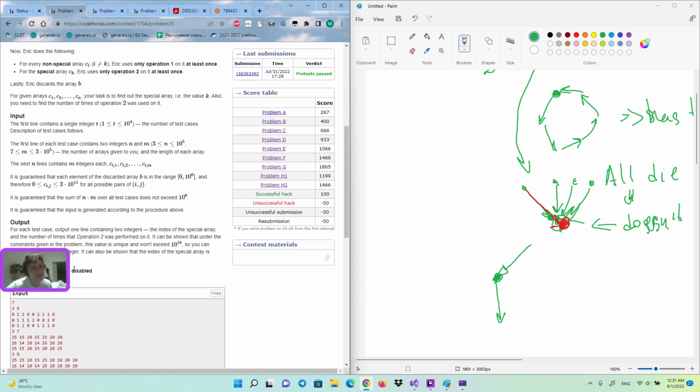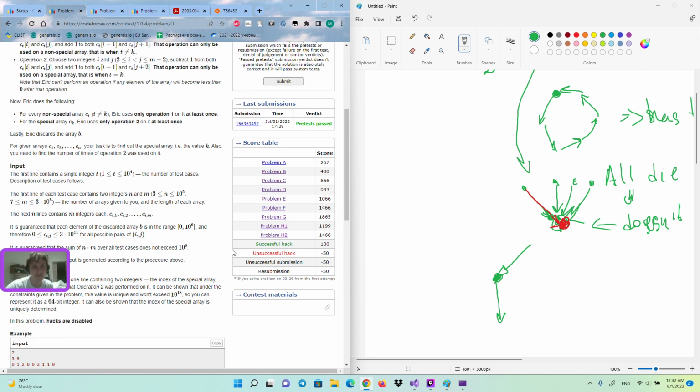For some reason, hacks are disabled. Interesting. Why are hacks disabled? Maybe they cannot validate the input. Yes, it's hard to validate the input, so they just disabled hacks. And I appreciate it.